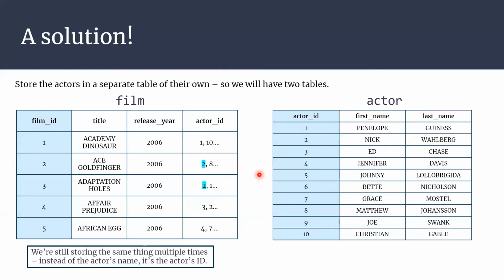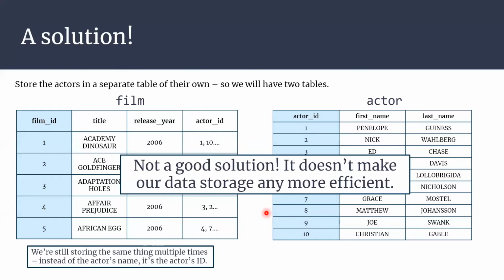So we haven't made our storage that much more efficient. It's true that we're storing just numbers instead of long character sequences of names, but it's still not as efficient as we want it to be. We're still storing the actor ID multiple times. So this is not a good solution. It doesn't make our data storage that much more efficient. We can do better.